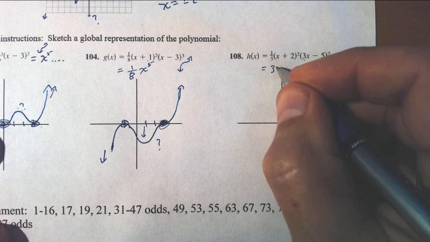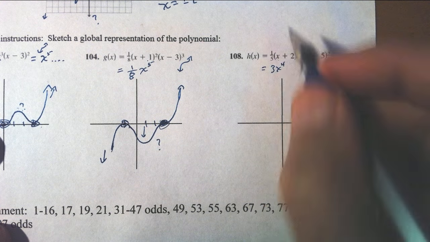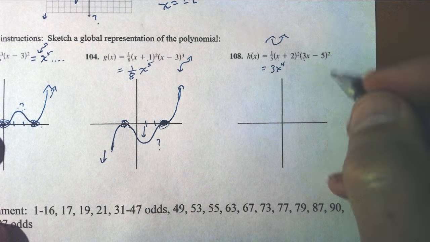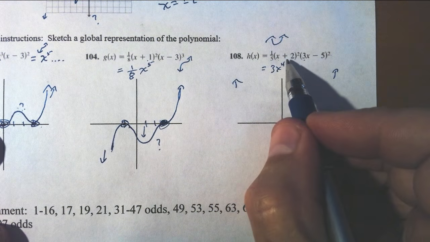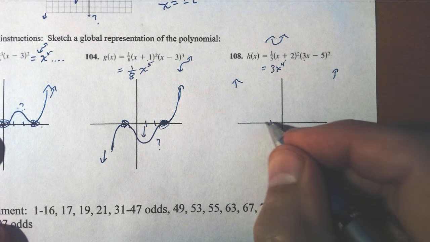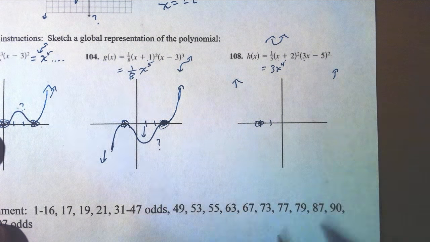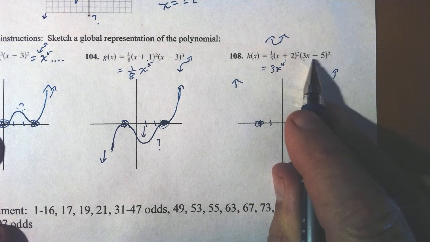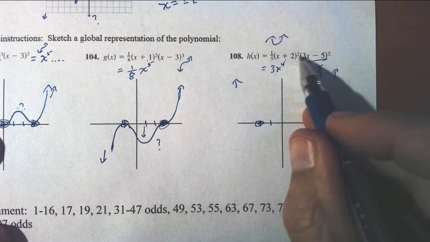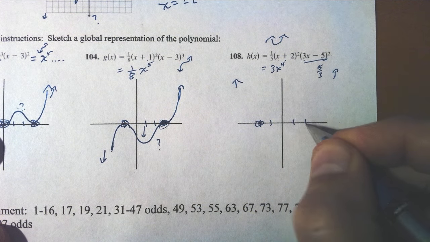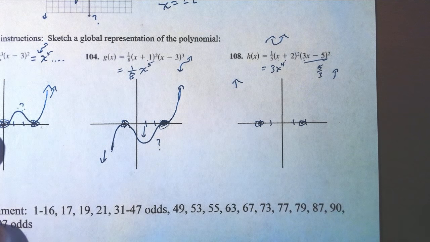This would end up being 3x to the fourth, but it's positive. It wants to look up to the right, up to the left. It has a double zero at negative 2. It has a double zero at 5/3, somewhere right around there.